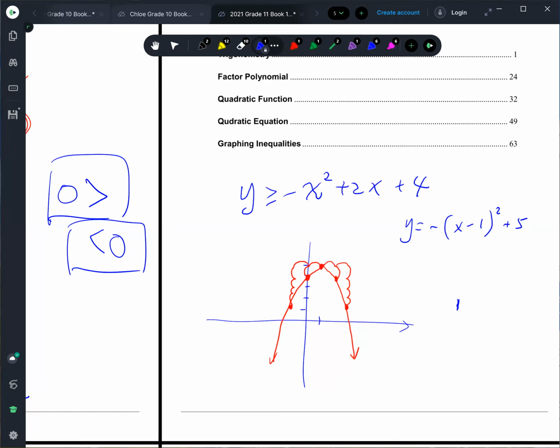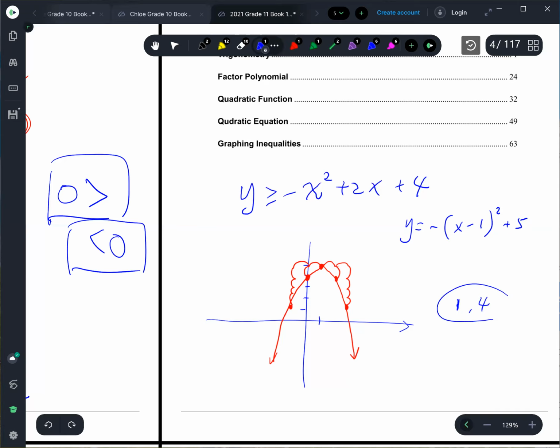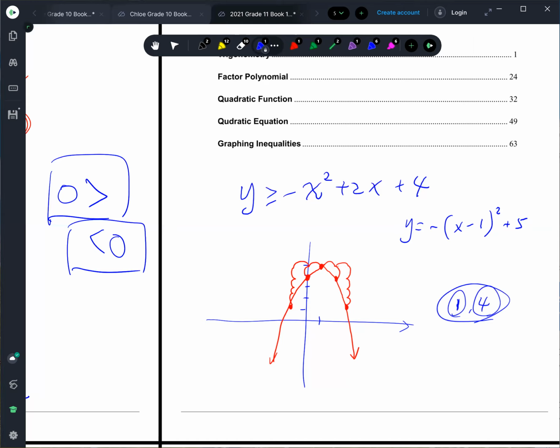Up and down is 1 and then 4. That's the basic. And if the A changes, then these steps, the 1 and the 4, you need to multiply by the A. Do you understand what I mean? Yeah, I understand. So it stretches, vertically stretched. Okay, we got a graph, now what?